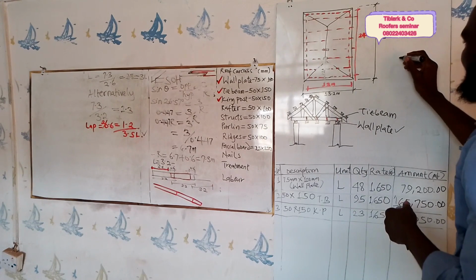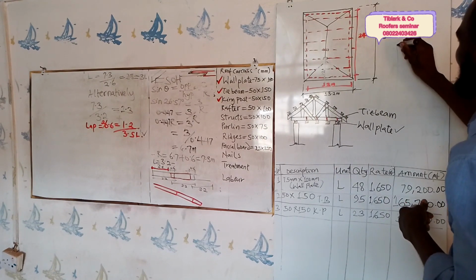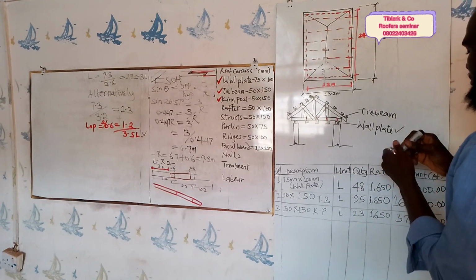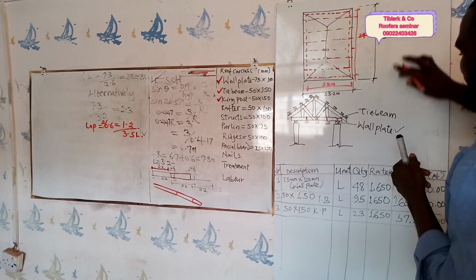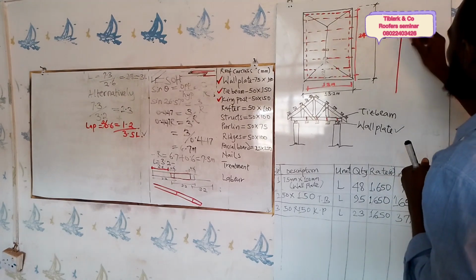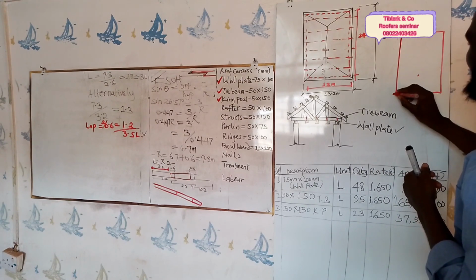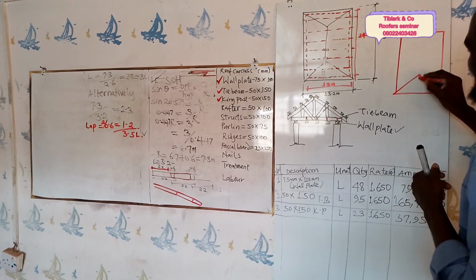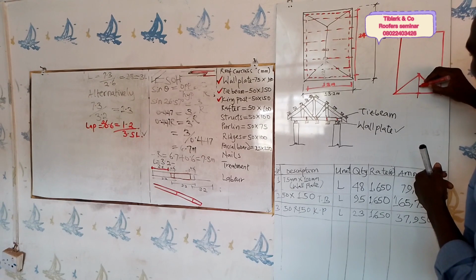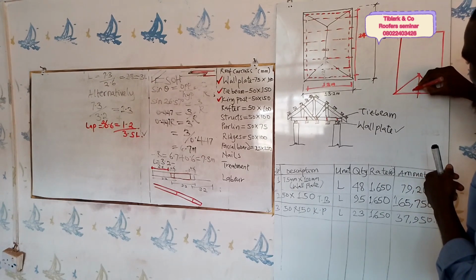So what I'm saying in essence is that we have the option of either going for 2.4 or 3.6.